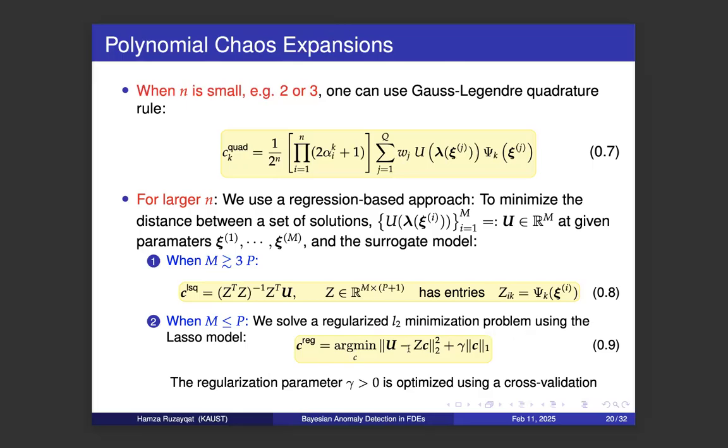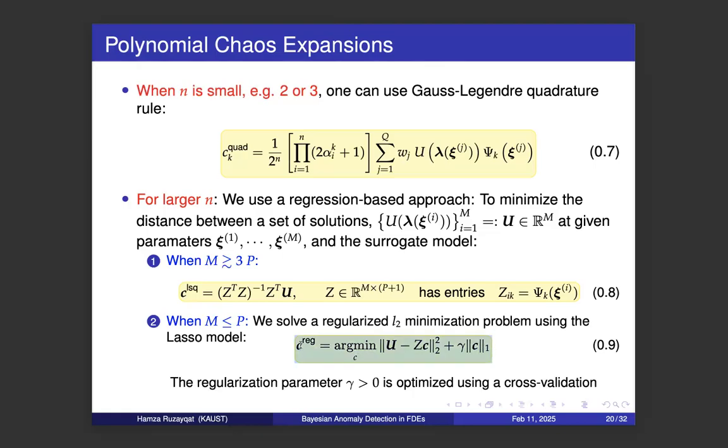So in this case, you minimize the L2 distance, but also you add a penalty term where this regularization parameter gamma is optimized using cross-validation.